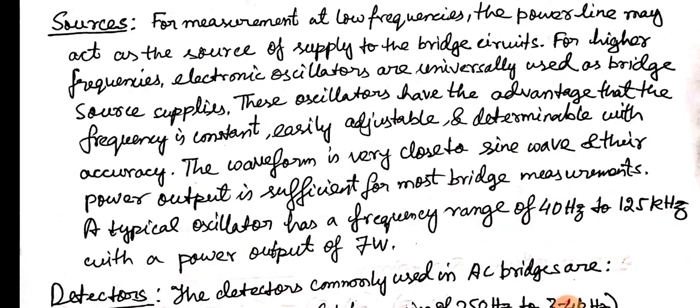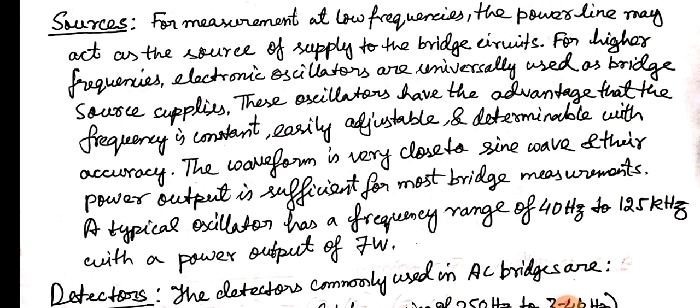source means the supply of EMF in case of alternating current bridges. Now these sources can be power cables or electronic oscillators. For the measurement at low frequencies, the power line may act as the source of supply to the bridge circuits. For higher frequencies, electronic oscillators are universally used as bridge source supplies.